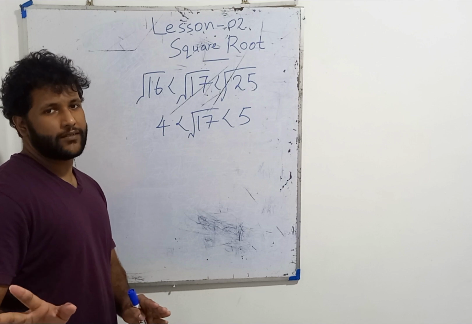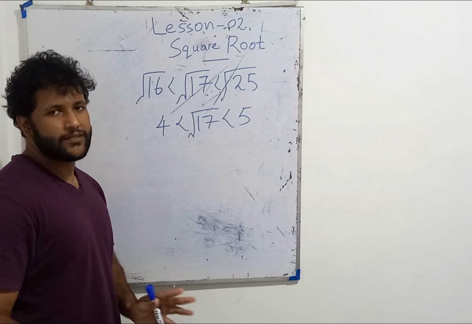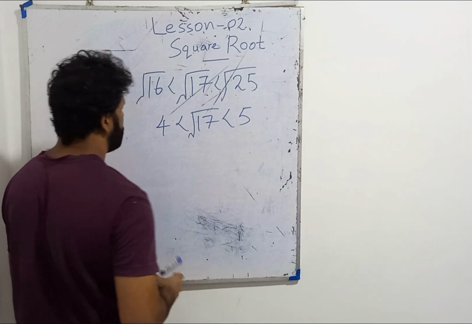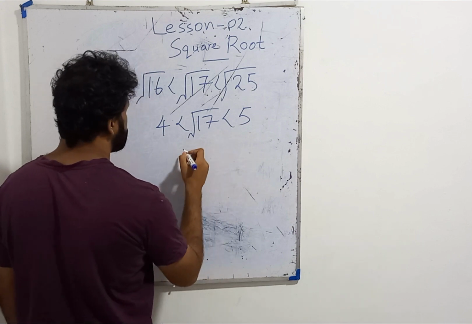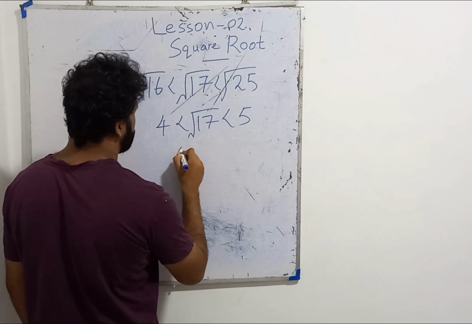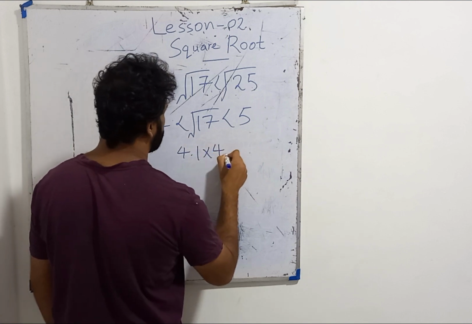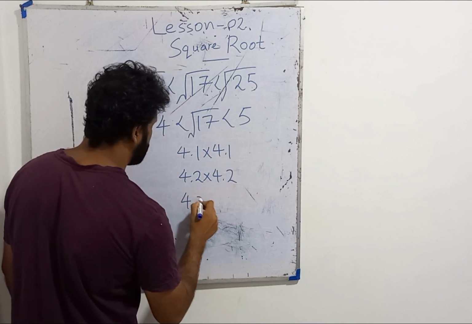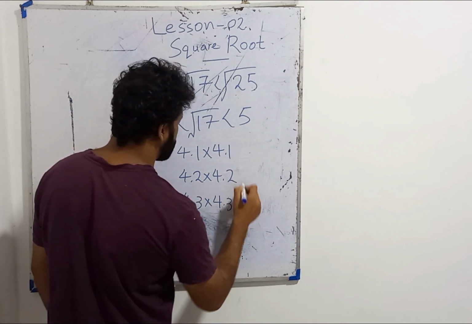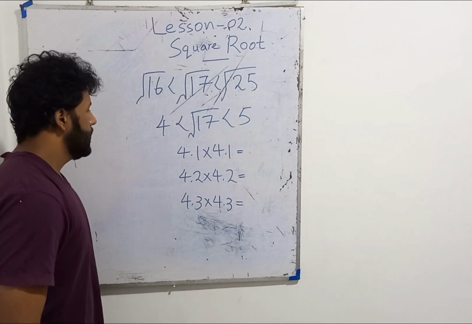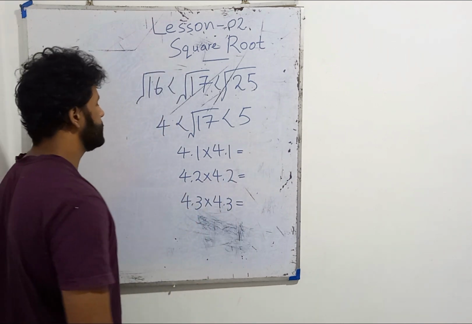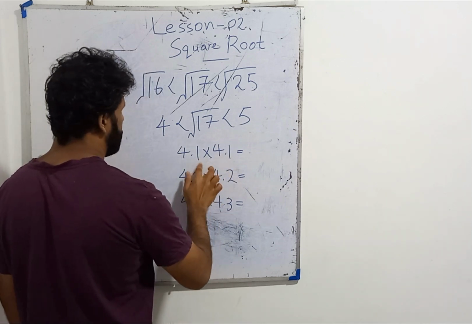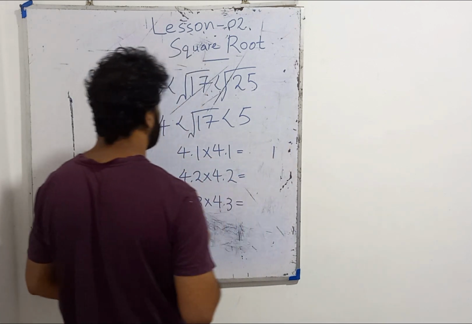A little wisdom should be there, but I hope you all have that. Then let's take 4.1 into 4.1, 4.2 into 4.2, 4.3 into 4.3. Simply, 41 into 1, that's going to be 1, 4 remaining.